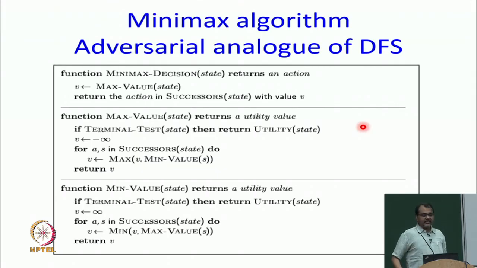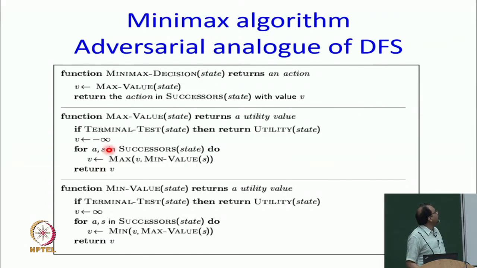And for depth first search, you can ask the following questions, and by the way, you can read this code. It basically says that I have to take a minimax decision, and the minimax decision would return the action which is the max value. And in the max value, I will look at all successors and I will find the minimum valued successor and send that information out, right.